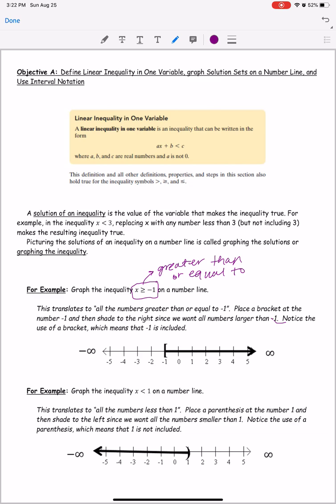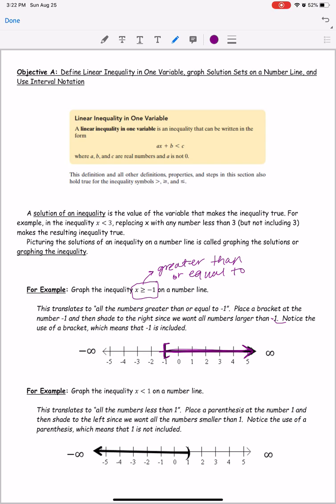So when they graph this, you start at the number that they give you and use this symbol as an arrow. It's pointing to the right, so my graph's going to the right. You have a bracket at that -1 because that line's under this. It's the or equal to. And then use this as an arrow, and so that's why it's going to everything more than.